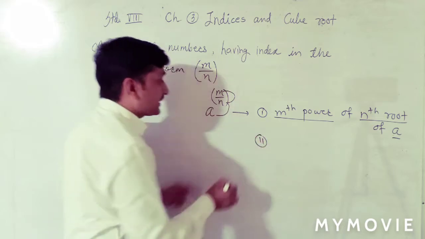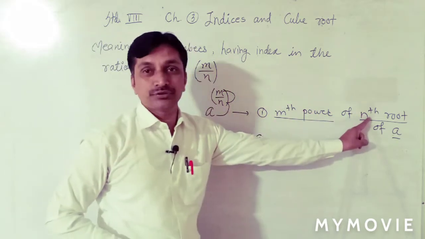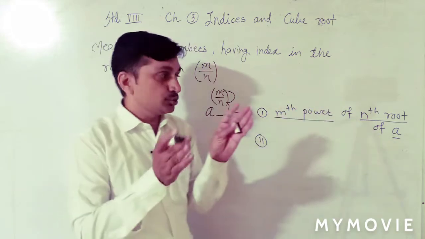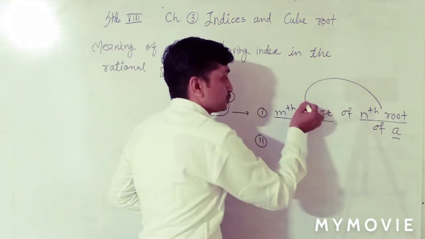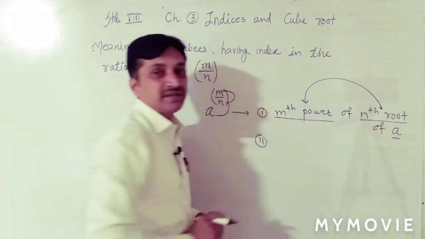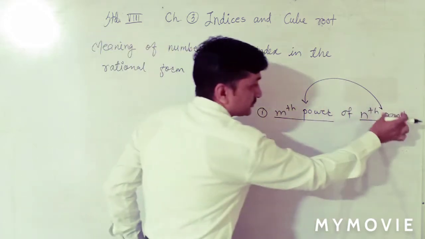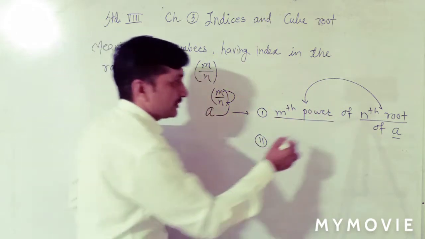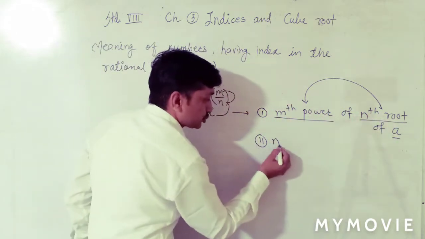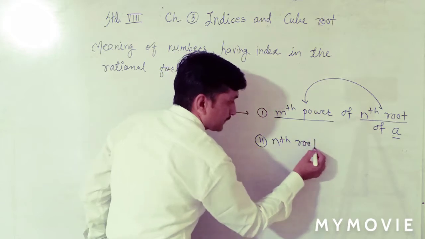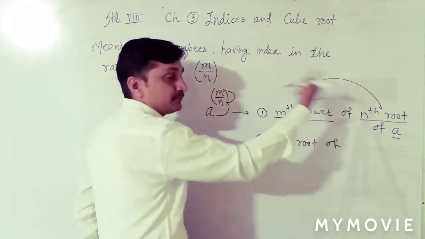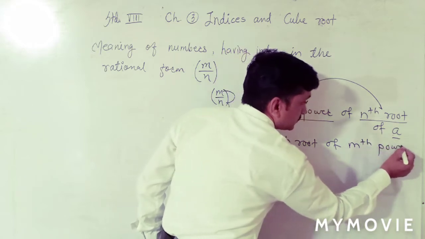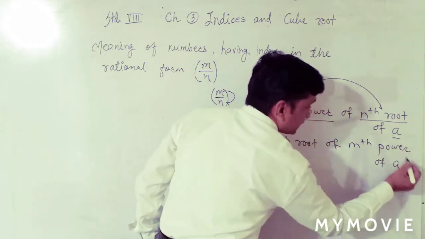Second way, we can start from the nth root, then write the power and then the base. Means you just interchange these two, change their places. In place of power write nth root and here you write mth power. Again I explain: first write the nth root of, then the mth power of a, which is the base.